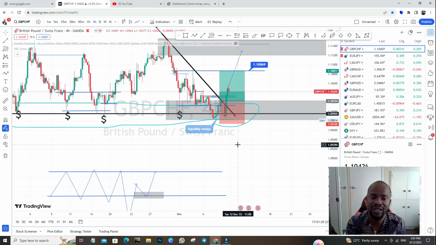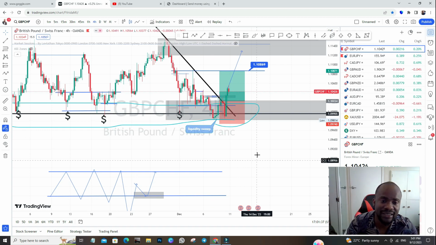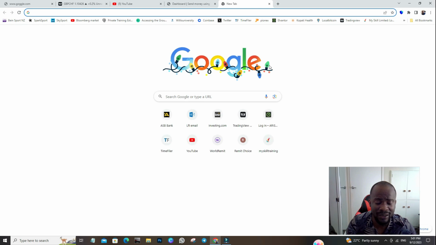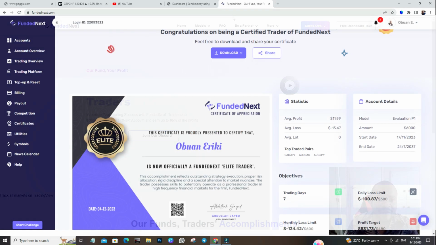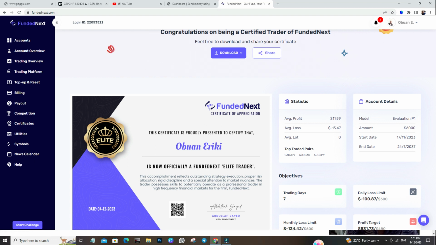Also, lately I started adding some things I learned from the ICT model, like fair value gaps, like purges, which are fake outs, and then also other blocks and stuff like that. So I'm actually excited to see that it has played out very well, especially when it comes to this particular account that I was trying to grow.